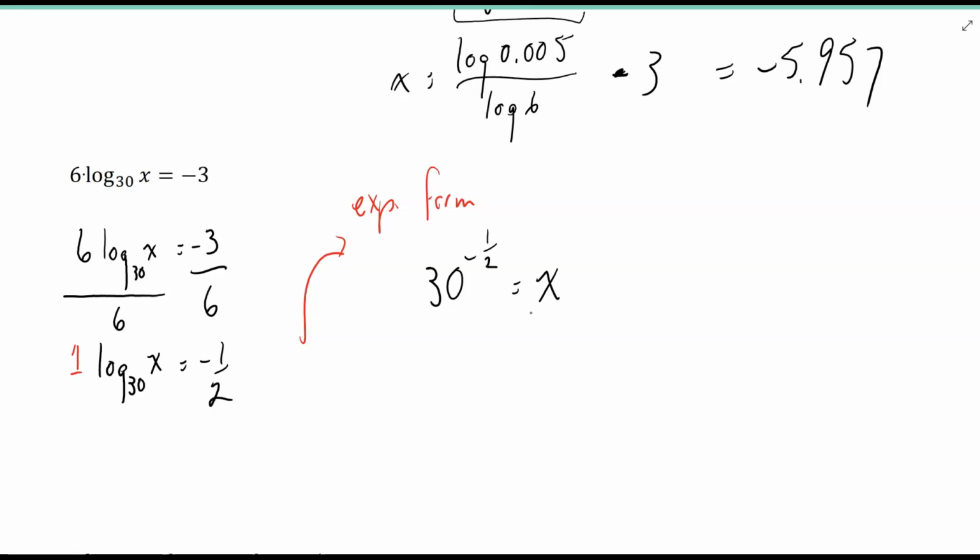And in decimal form, x is equal to 0.18. I'll stop at 3 decimal places, 0.183. It says 0.182574185. I'll write it all down in case you're checking your calculator.